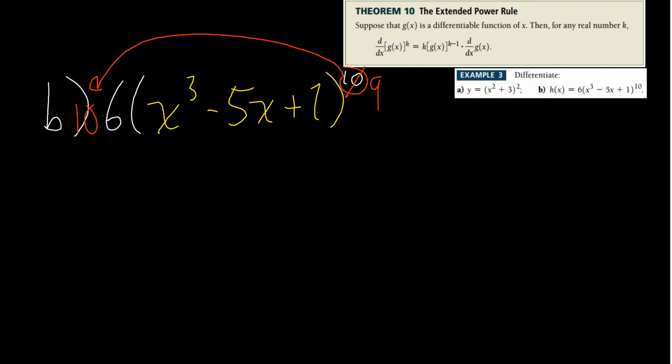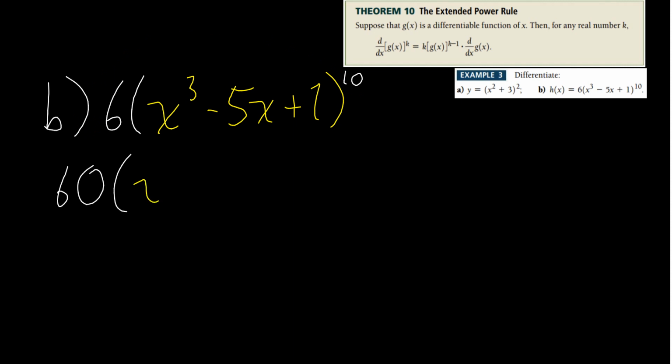I'm just going to write that right underneath it. So the 10 goes out in front, so it becomes 10 times 6, which we know is 60, so let's put 60 there. And we've got x cubed minus 5x plus 1, now raised to the 9th power, right? We're going down 1.